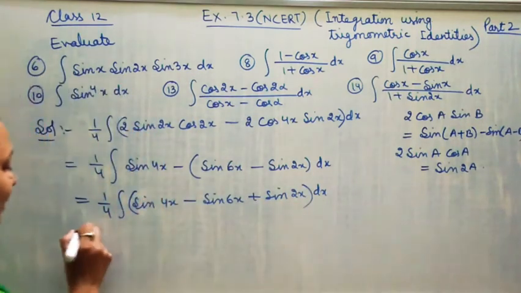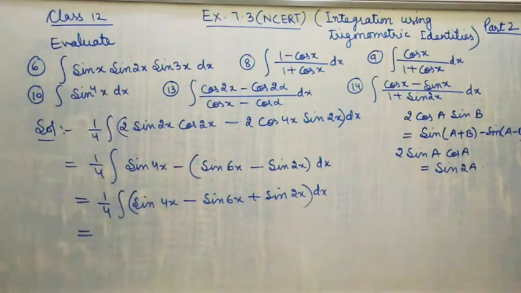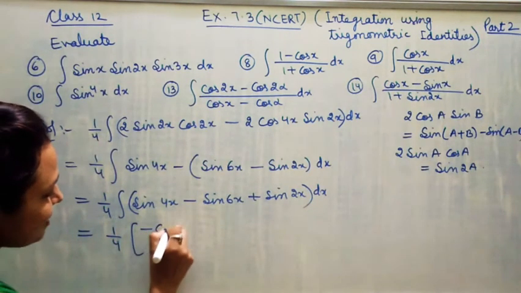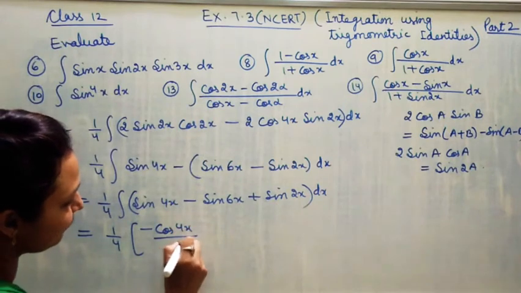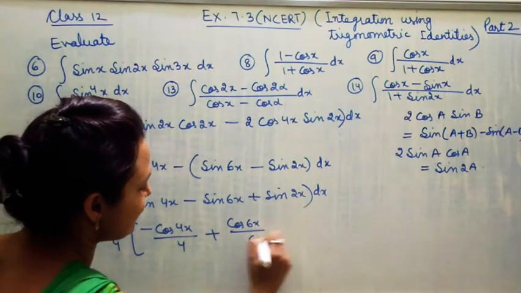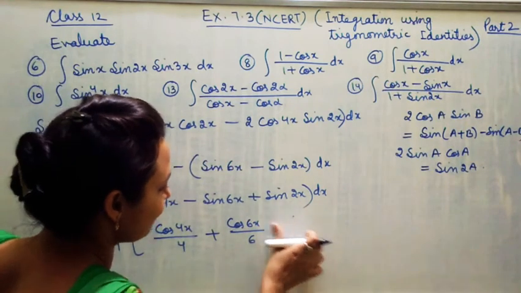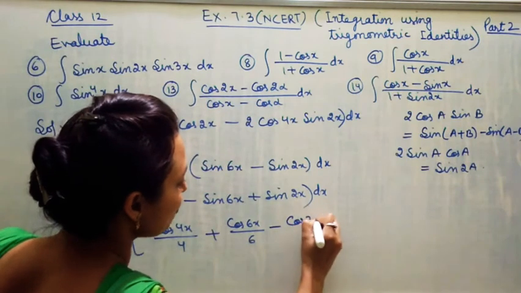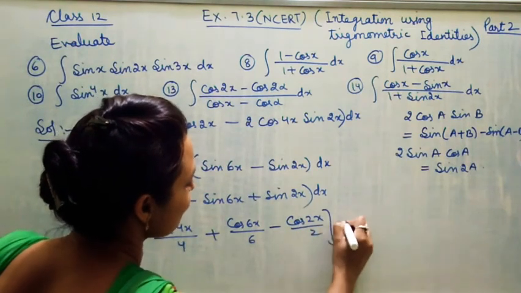Now I will apply the integration: 1 by 4 of minus cos 4x divided by 4, plus cos 6x divided by 6, minus cos 2x upon 2, plus constant.